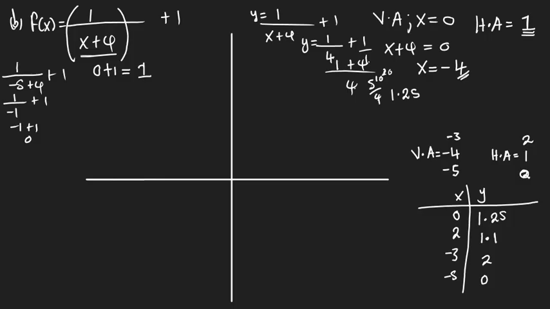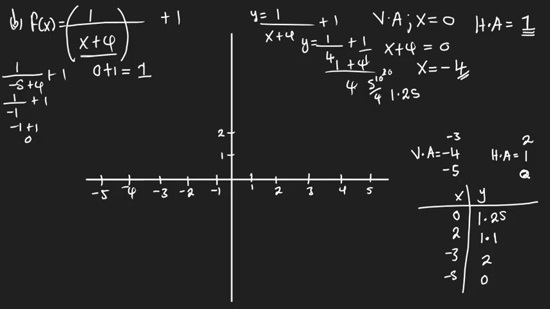Then you can look at your x. The smallest is -5. So you can say this is going to be -1, -2, -3, -4, -5, and 1, 2, 3, 4, 5.